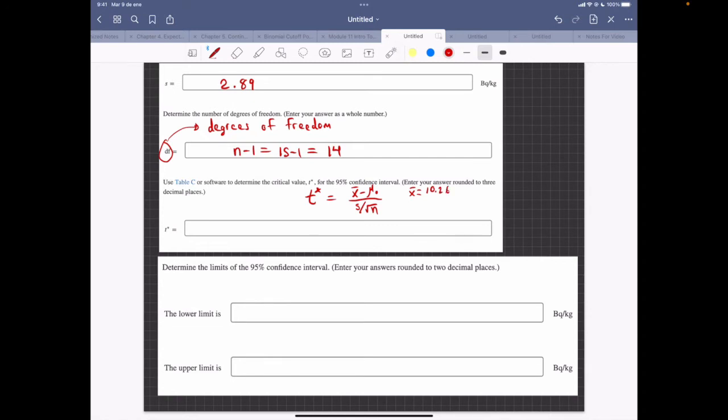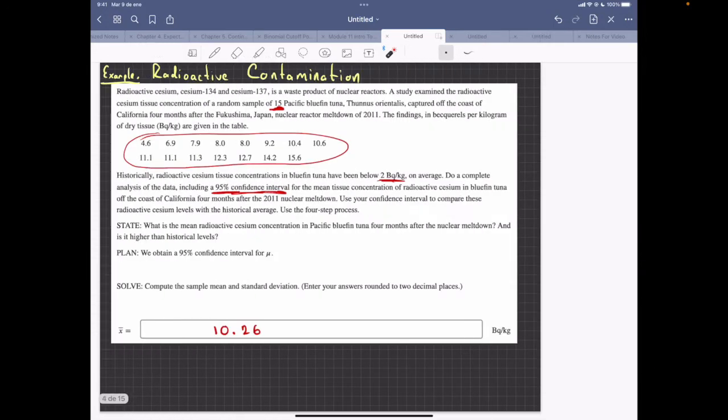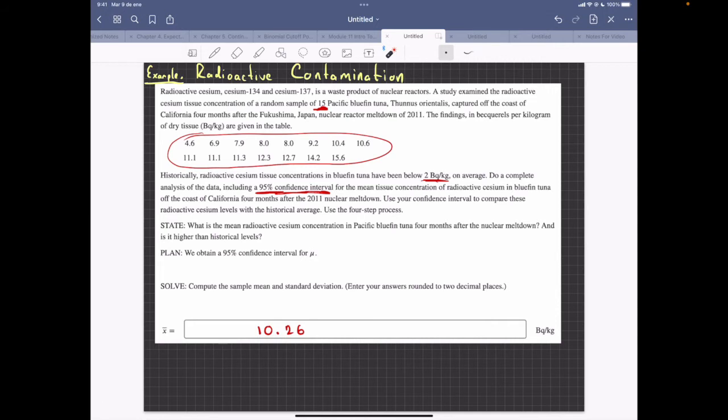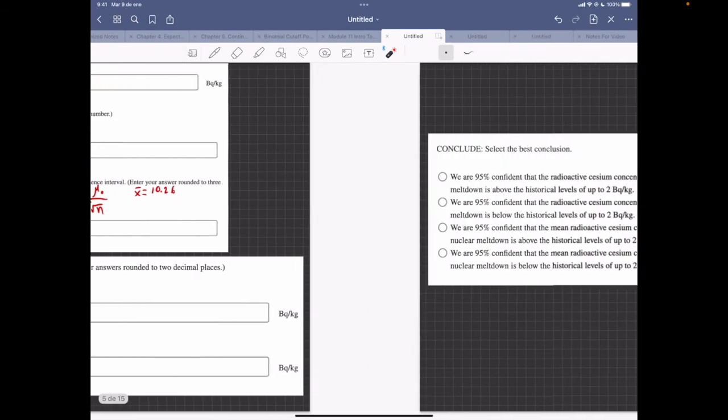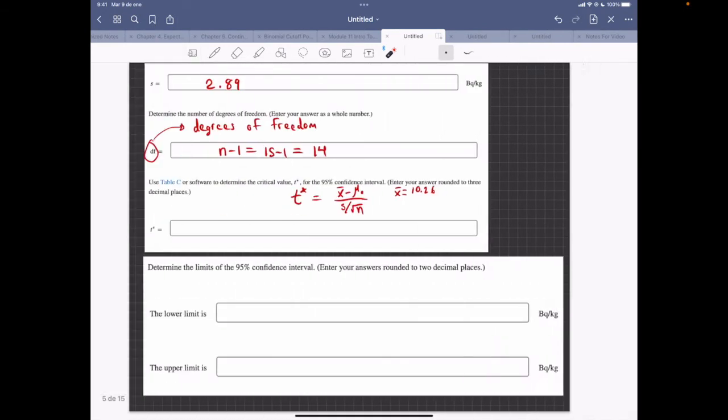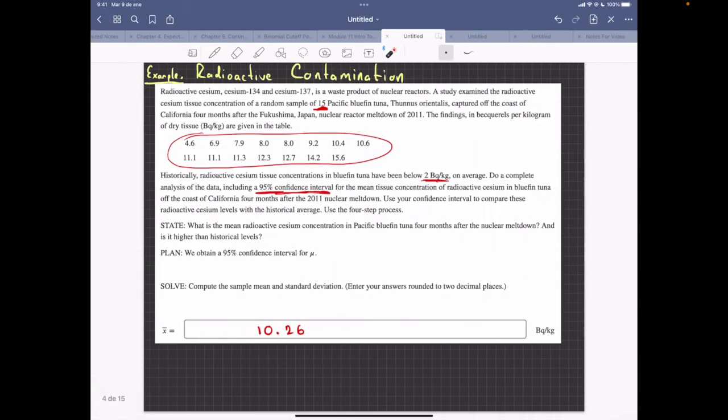Mu 0 is the hypothetical value according to the problem.